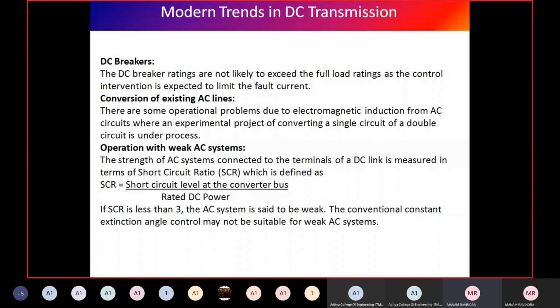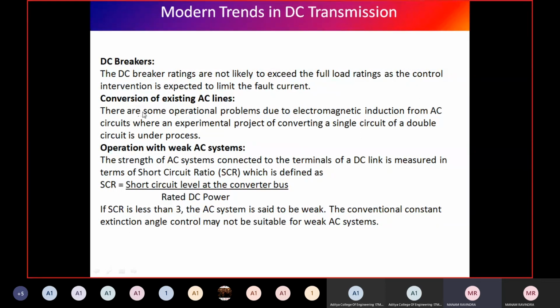The current values will be very high, and when the current value is very high, to switch off the device, to switch off the system is very difficult. Research is being carried out to find new DC breakers, such that we can shut down the power or isolate high currents.